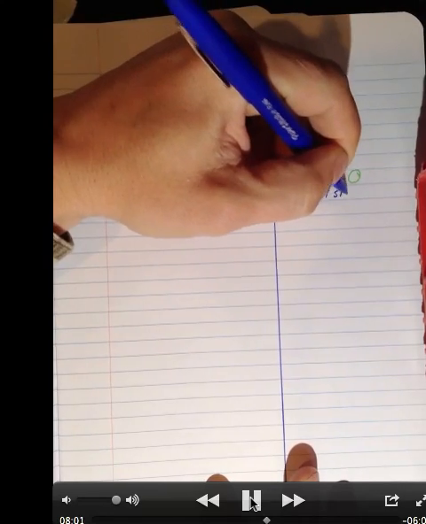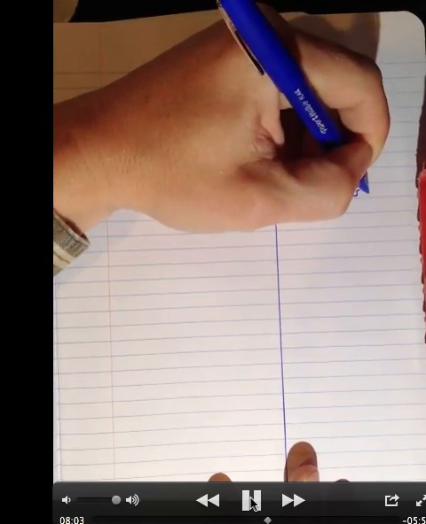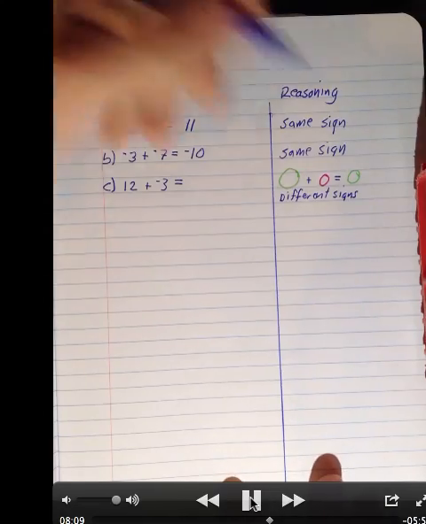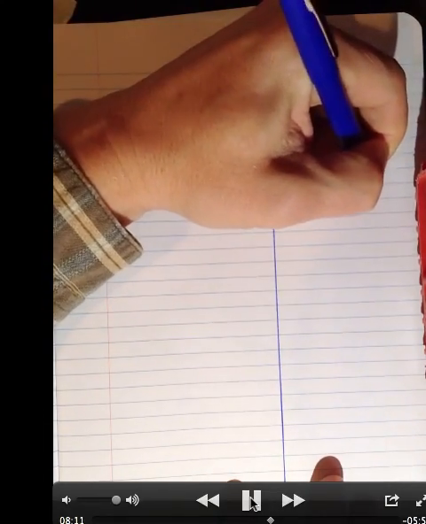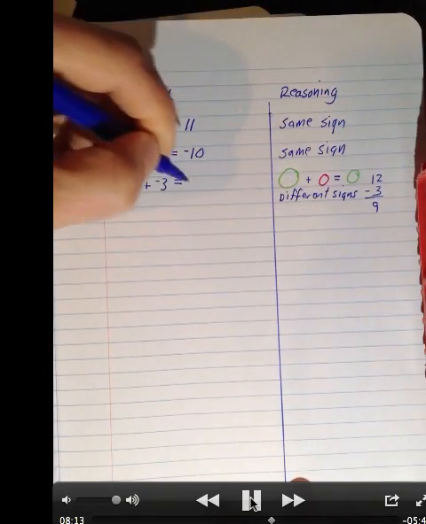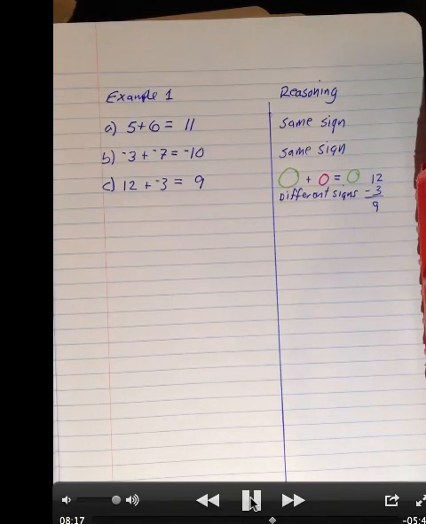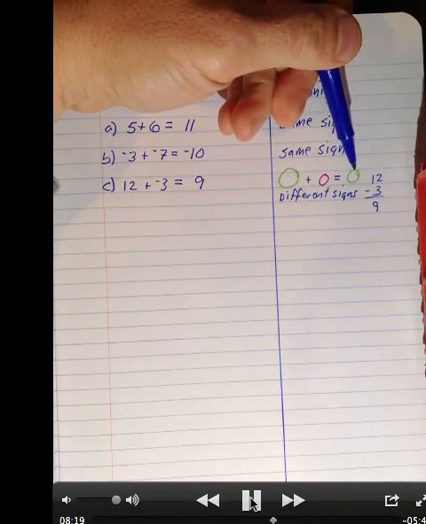So different signs, difference. So 12 minus 3 is 9. And the answer is positive because 12 is greater than 3.